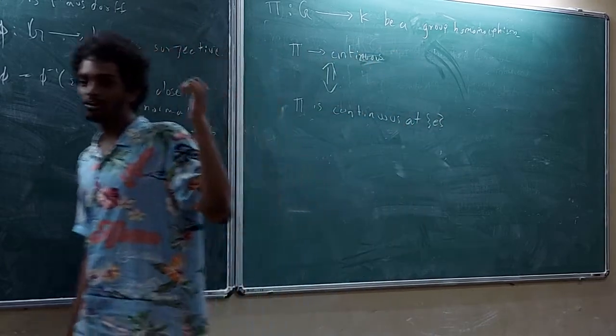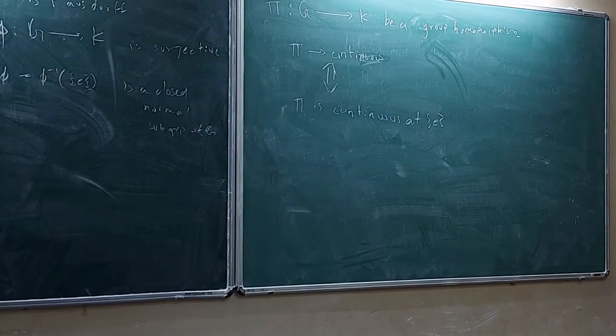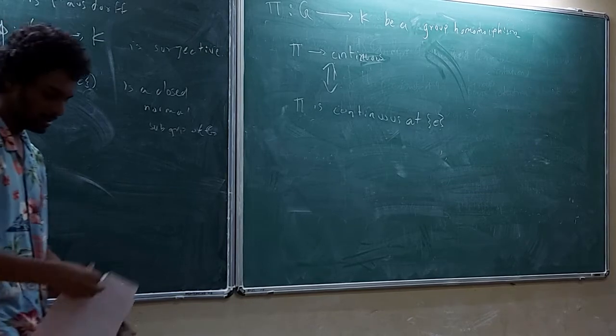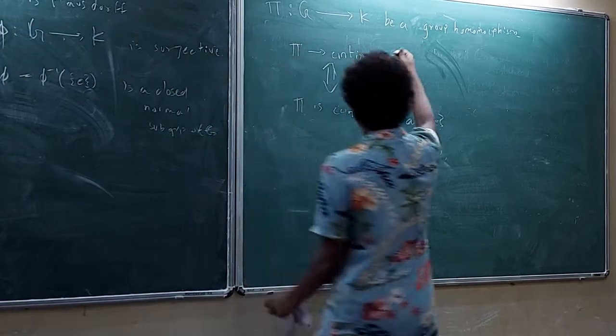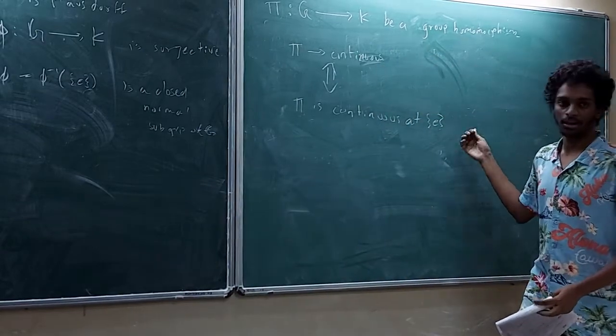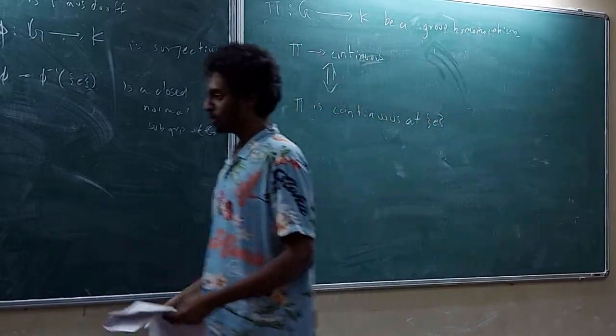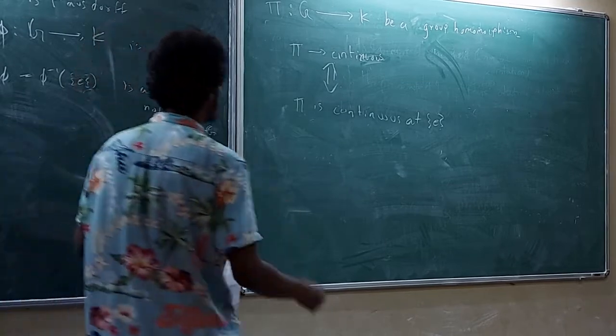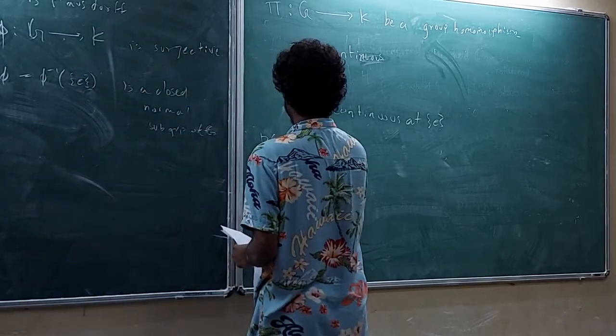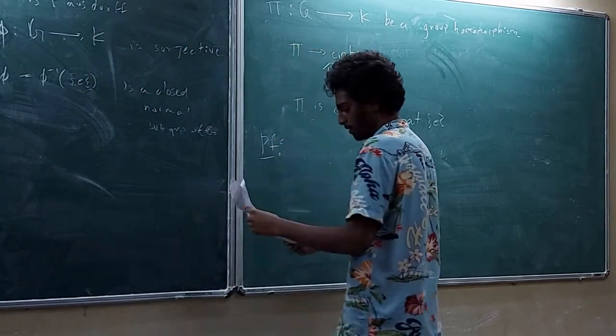If this homomorphism is just continuous at the identity, it is continuous as a whole homomorphism of topological groups. Obviously continuity will imply continuity at the local point, so what we seek to prove is that continuity at this point implies continuity everywhere.